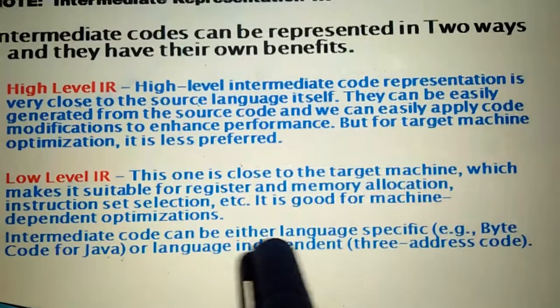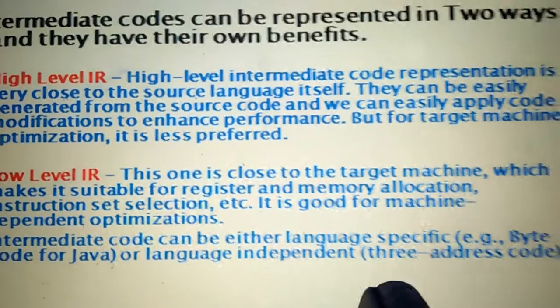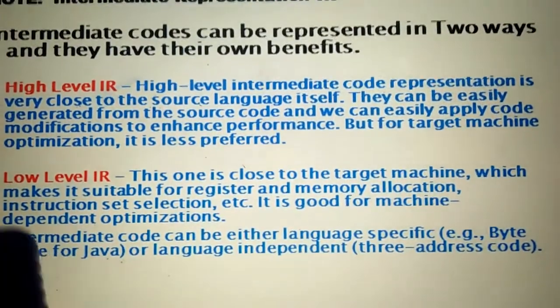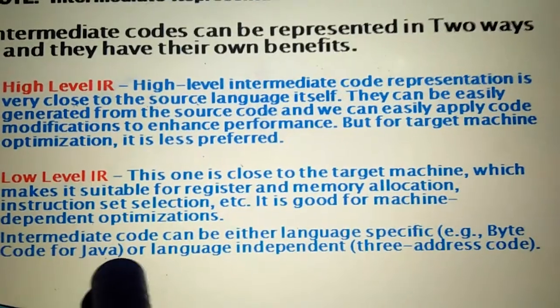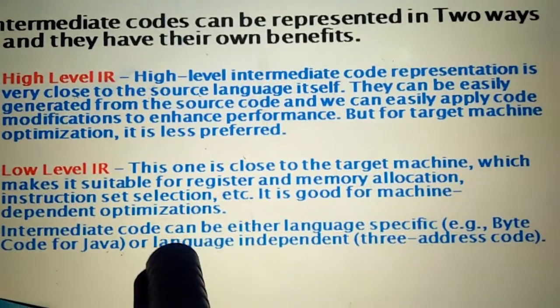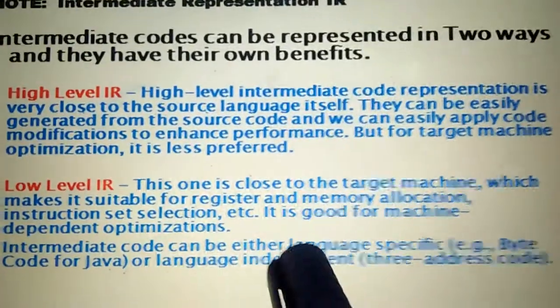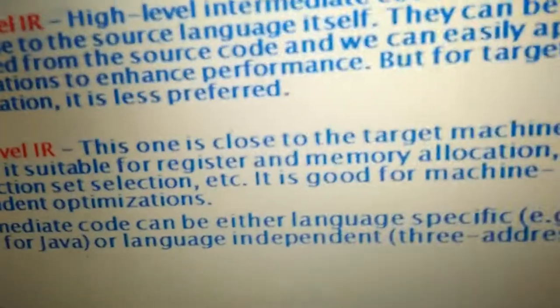Intermediate code can be language specific. For example, in Java, the target code is called the byte code, which is dependent on its machine. Java itself is its own language.